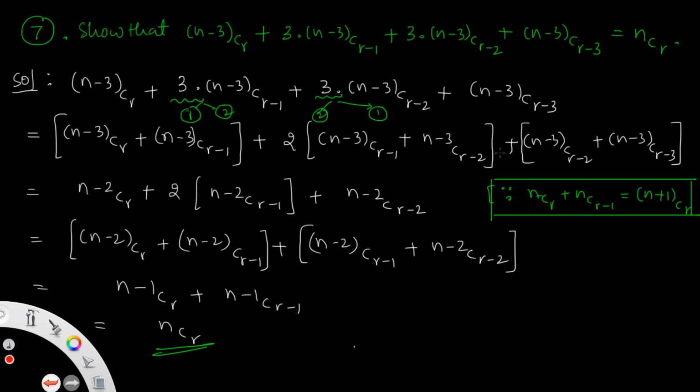So rearranging, the first term stays as it is. 3 times (n minus 3)C(r minus 1): I write first one (n minus 3)C(r minus 1), plus the remaining two terms, plus 2 times (n minus 3)C(r minus 1), totaling 3 times (n minus 3)C(r minus 1).